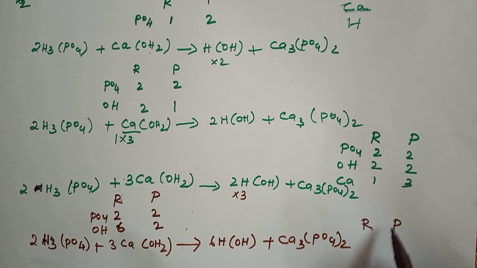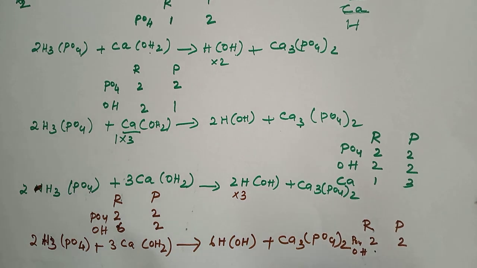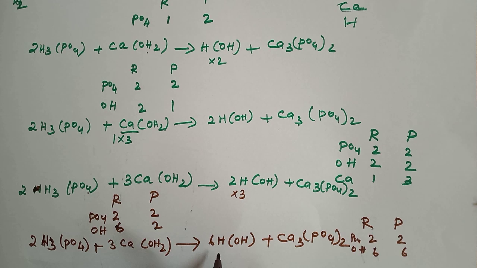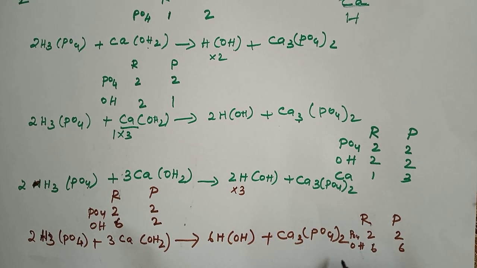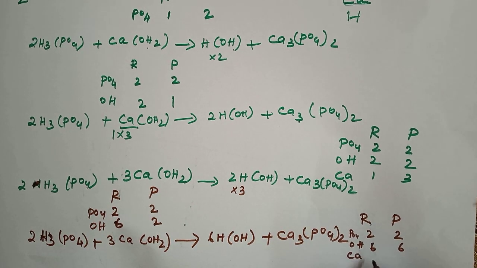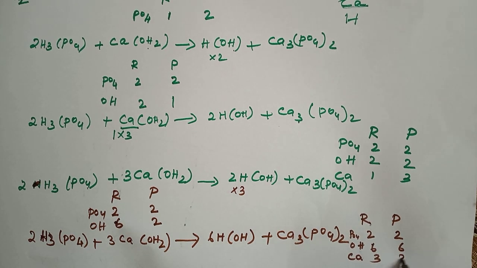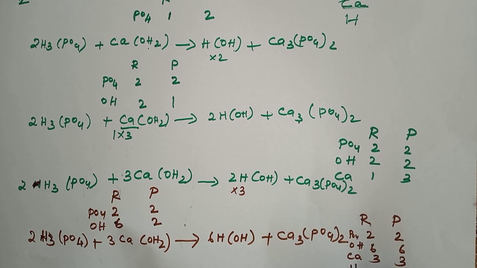Reactant side, product side. How many PO4 do we have? 2, 2. OH, how many? 6, 6. Yes or no? 3 2s are 6, 6. Next what? Calcium. How many calcium do we have? 3. This side 3. And last, hydrogen.